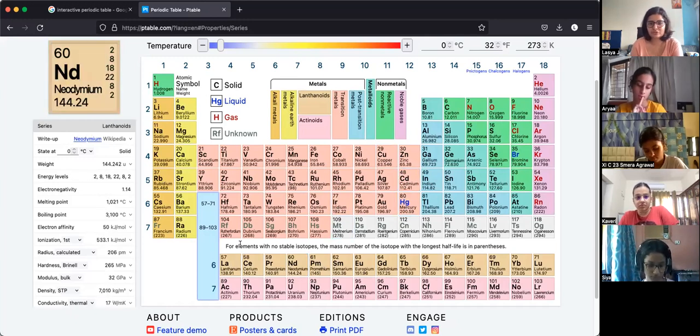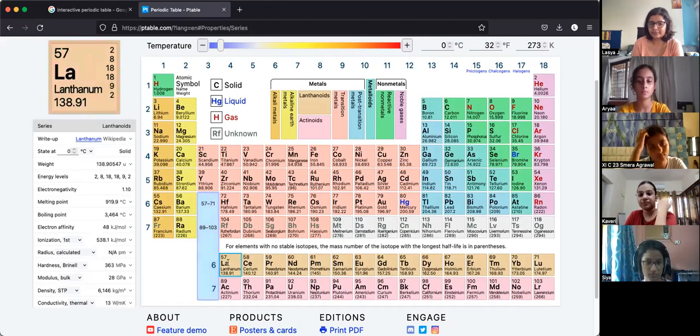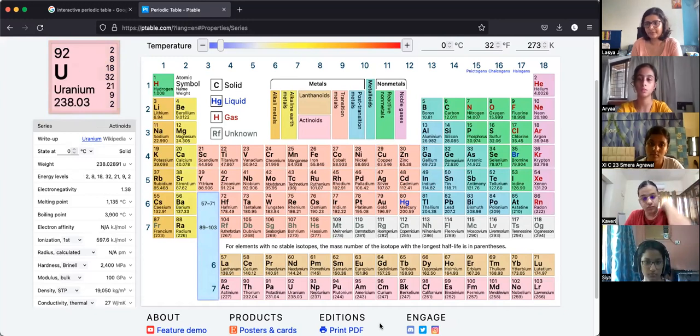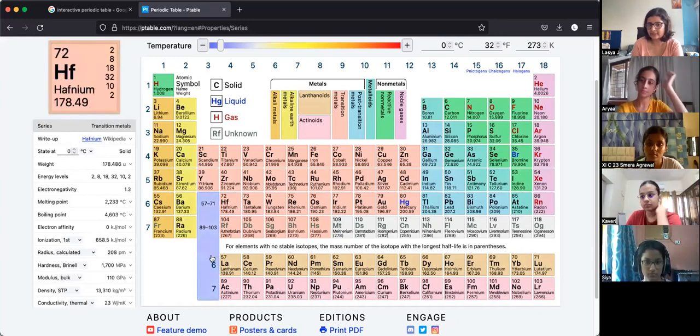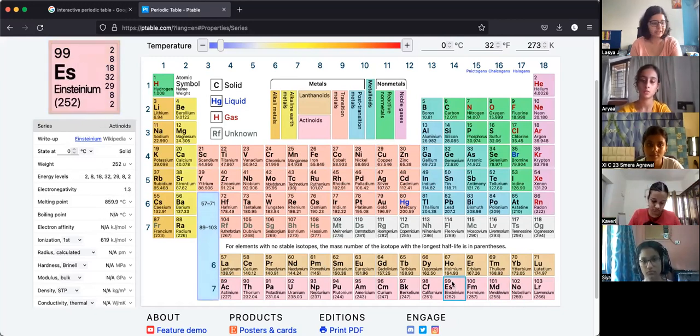Similarly, f block also: lanthanides and actinides. This you must be familiar with. The elements that follow lanthanum are lanthanides, and the elements that follow actinium are actinides. They are called inner transition elements, f block.